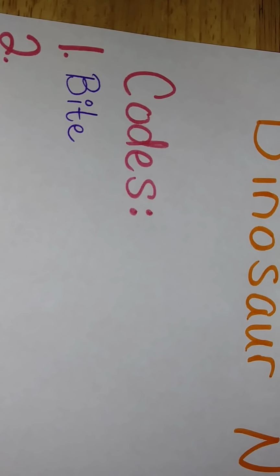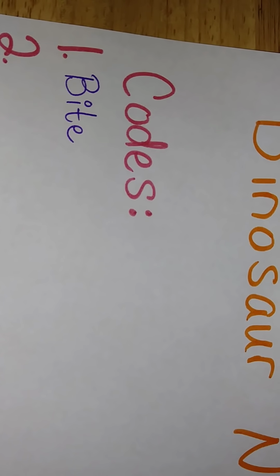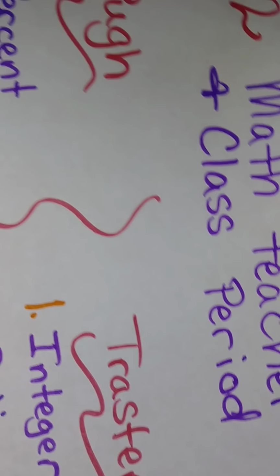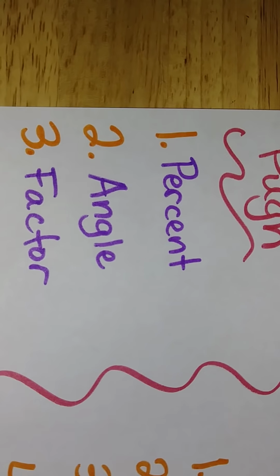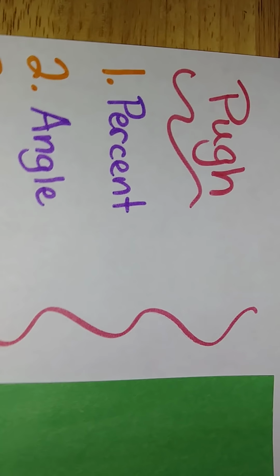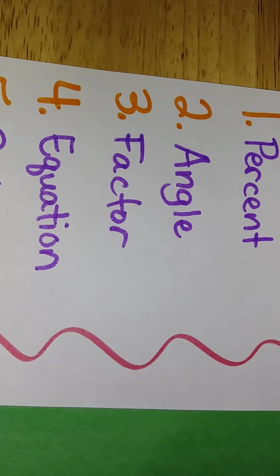All right, so it's time for the next code. So your second code is going to be your math teacher. So code number 2, your math teacher in class period. So if you have Mrs. Pugh, that's me. You have DJ Tay.